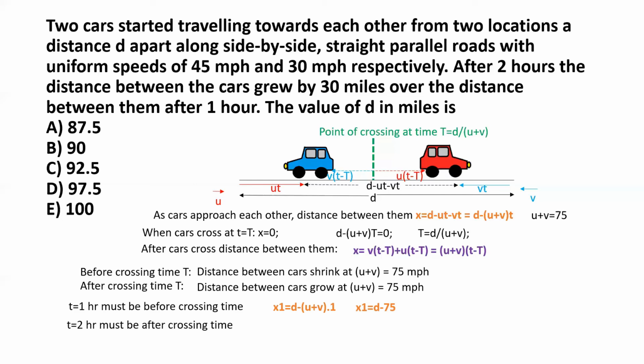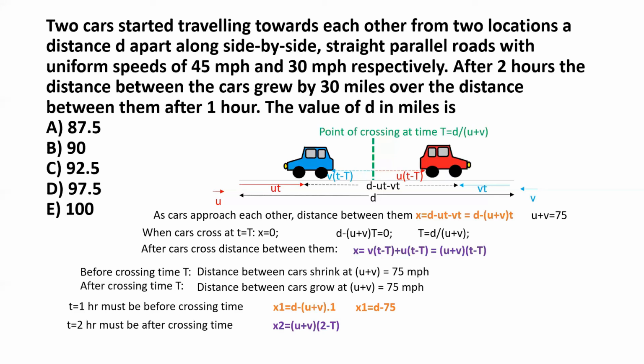So what was the distance between them after 2 hours? Well, we know 2 hours must be after crossing, right? So for finding the distance between the cars after crossing, we refer to the purple equation, x is equal to u plus v multiplied by small t minus capital T. In that equation we substitute x2 for x, because we are denoting the distance between the cars after 2 hours by x2.